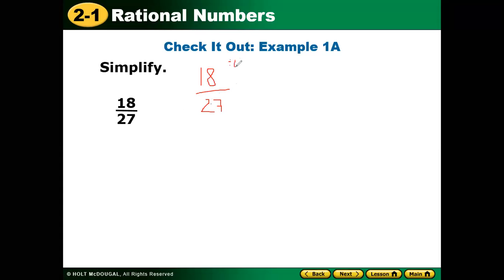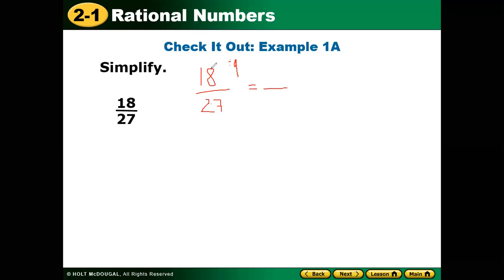Okay, let's try together. 18 divided by 27 will give me 1.5. So 18 is not divisible by 27, right? It gives you a decimal number. For this reason, we are going to find a common number between 18 and 27.